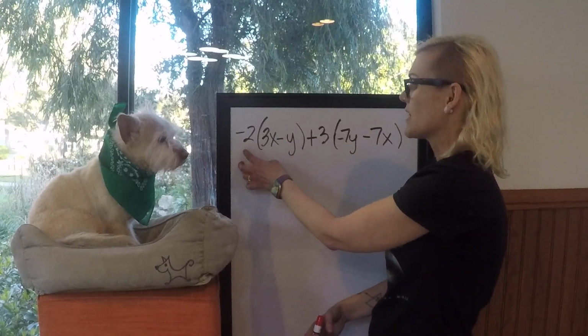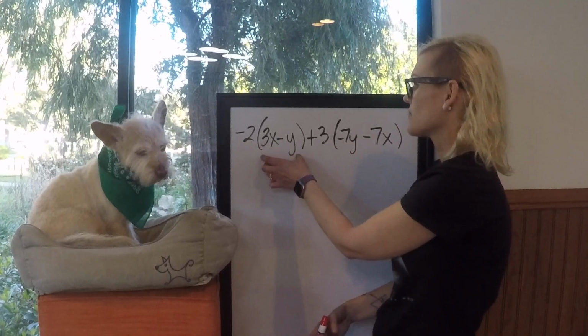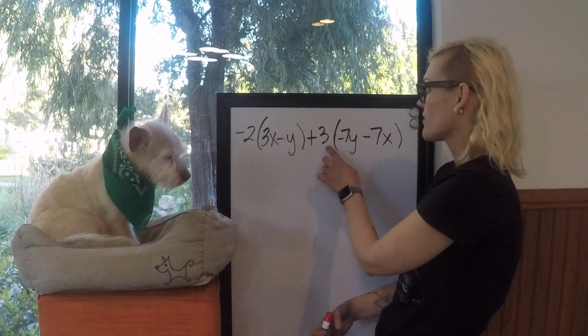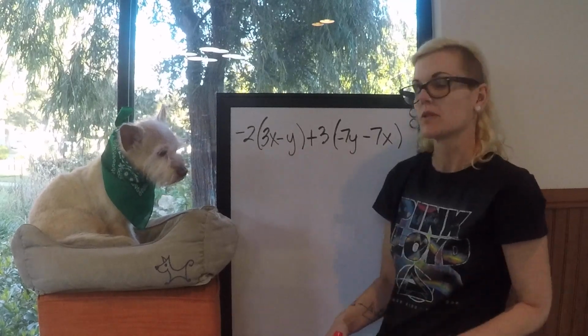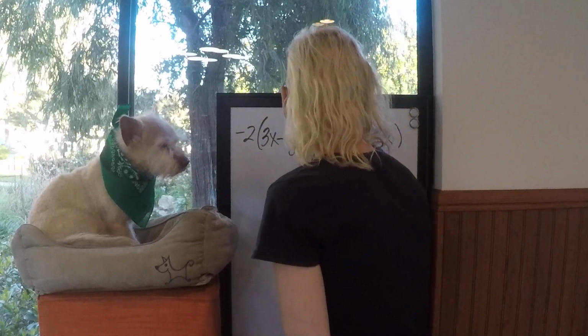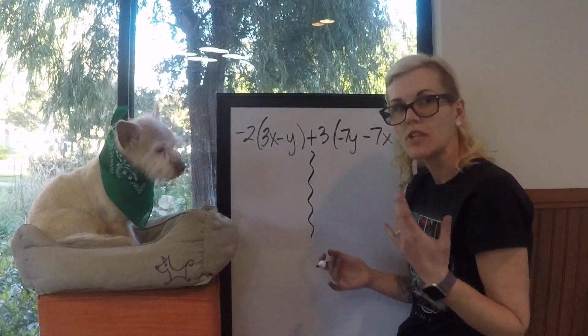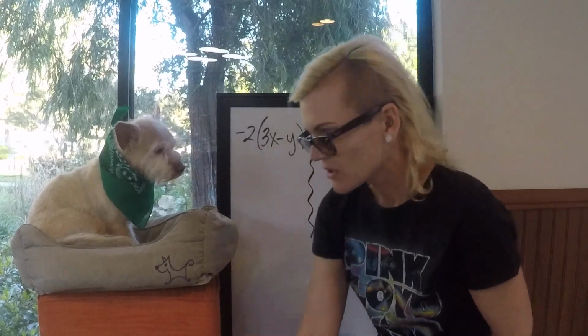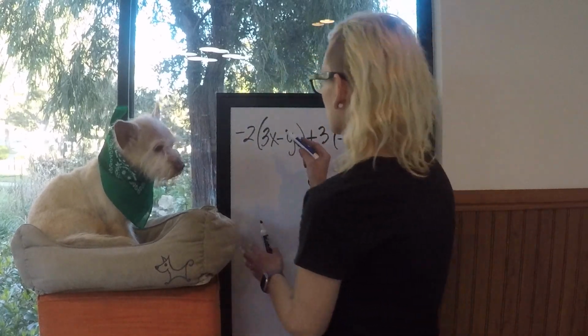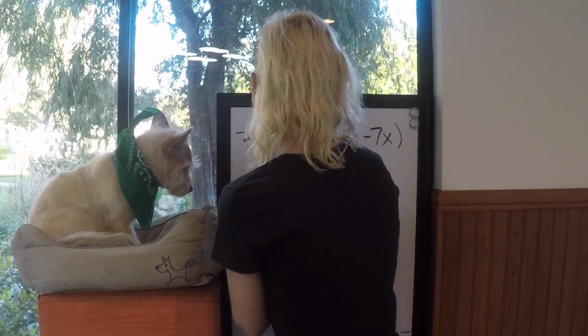Here, I have a negative 2 being distributed to these two numbers, and then over here I have a 3 being distributed to these two numbers. So if it helps, we'll kind of draw a little squiggle down the middle because these are unrelated until the end. So let's start with this problem over here, or this part of the problem.